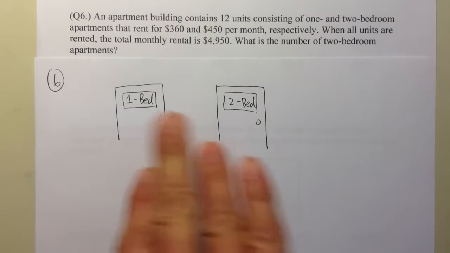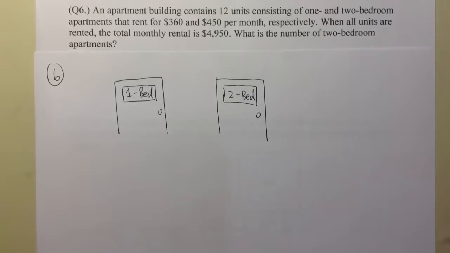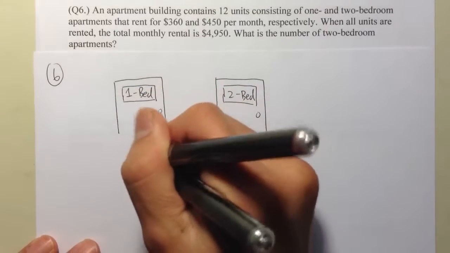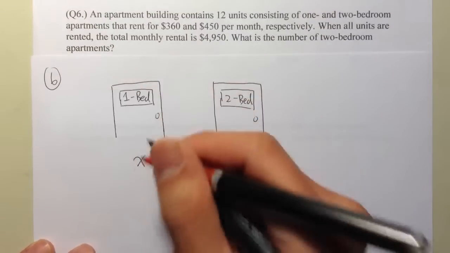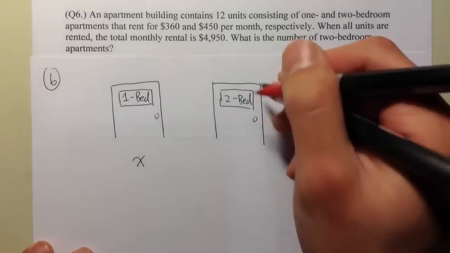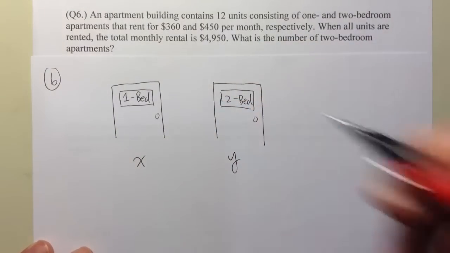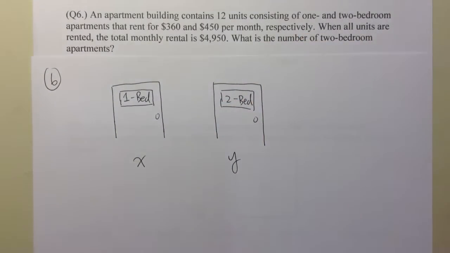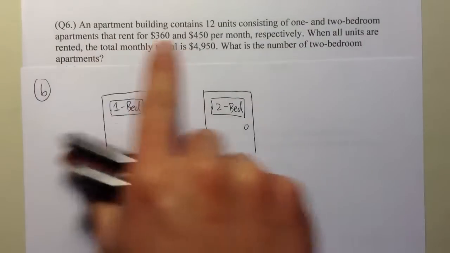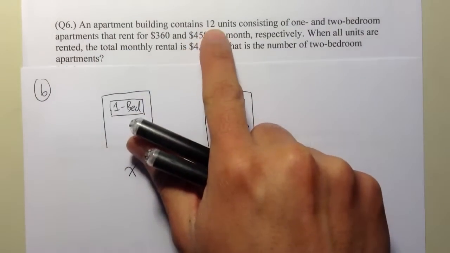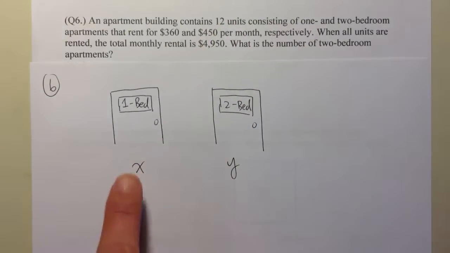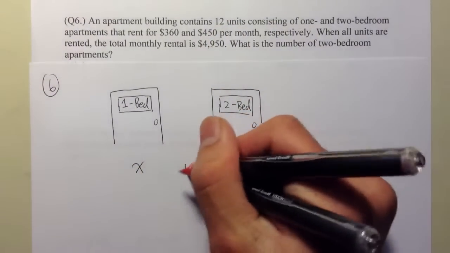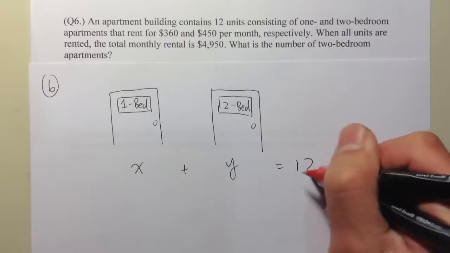So I can assign a variable to these apartments. I can call this X, the number of 1-bedroom apartments, and Y, the number of 2-bedroom apartments. Altogether, this building contains 12 units. So in other words, X plus Y has to be equal to 12.